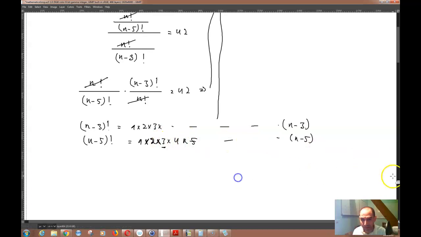Which means that this thing over here, I can write it as the previous term relative to this term would be n minus 5 minus 1, which is equal to n minus 6. And the previous term relative to this one would be n minus 7, and so on and so forth.